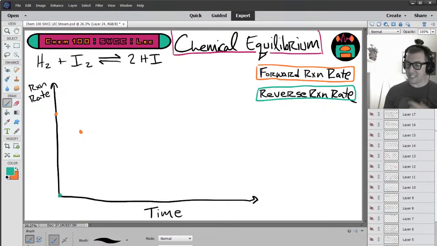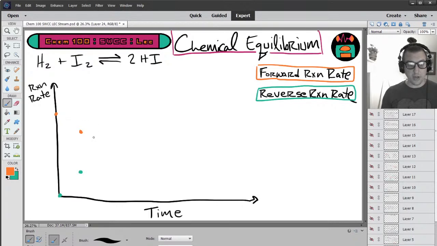Now that a little bit of H2 and I2 have reacted to become HI, we have a concentration of HI, so its reaction rate has increased from zero. It's still much lower, not quite as fast as the forward reaction, but it's non-zero now.